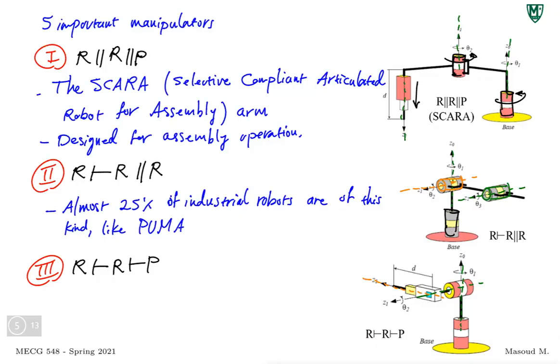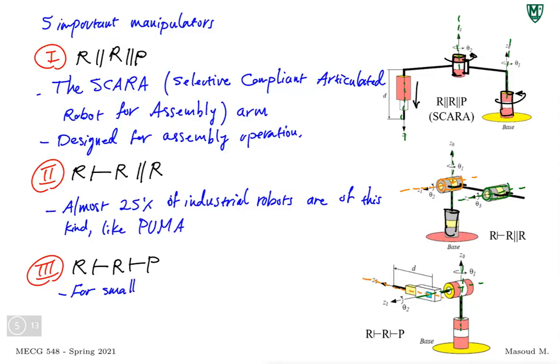Usually they use it for small robots, and the most famous one is the Stanford arm. I did not find a video of it, but you can find photos if you search Stanford arm.